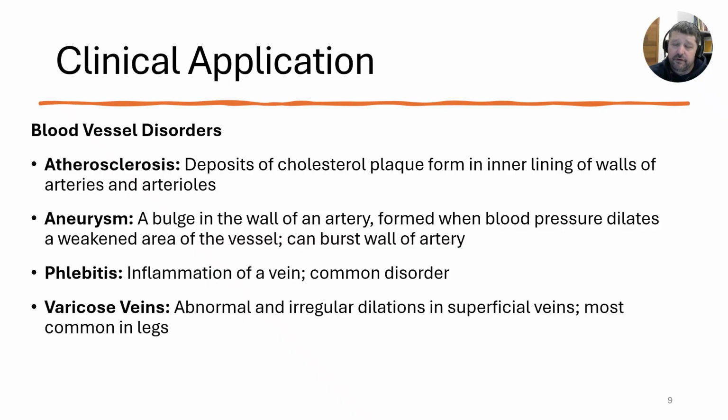Varicose veins happen a lot to people as they age, and it's a lot like an aneurysm in the sense that you get this dilation because of pooling of blood. But remember, it's not under the same kind of pressure that an aneurysm is. Instead, it's less pressure, more the pooling, which will cause it to dilate and damage the veins.